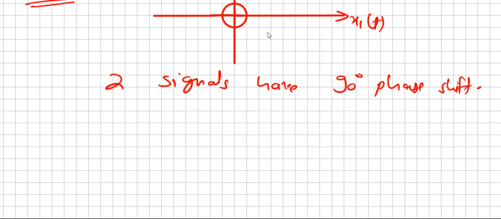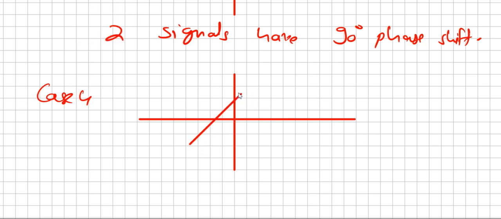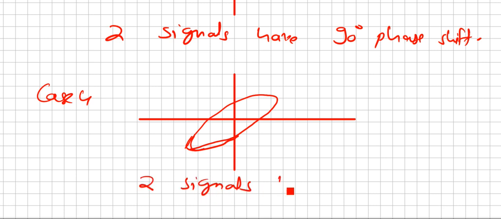If I get the ellipse, case number 4, if I get the ellipse as my correlogram like this, so this is one ellipse, then in that case we can say that the two signals have some phase shift.